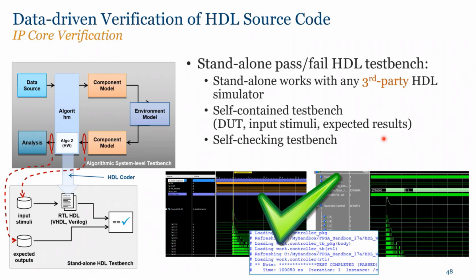It's a self-checking test bench that you can use for cross verification and testing, as another way of testing your code, or you can provide it to someone who is not familiar with MathWorks tools or doesn't have access to them. So you have your HDL test bench in standalone mode.